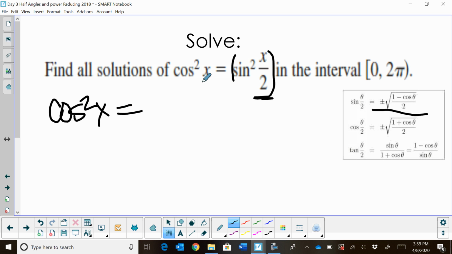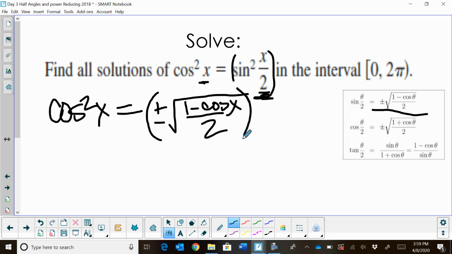So we want to get these angles to match, and that's why we have to use that half angle formula to do it. So we're going to do plus or minus the square root, and the sine formula is 1 minus cosine x all over 2. And we're squaring it because of this square.